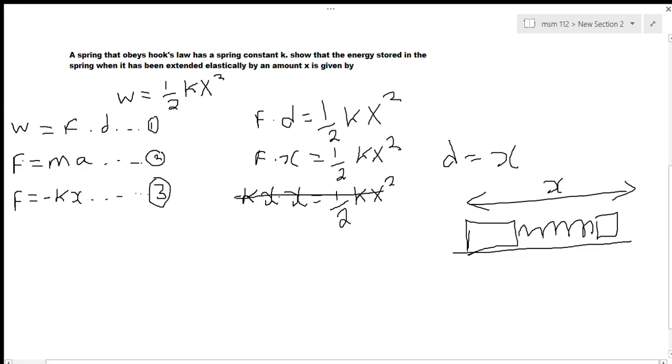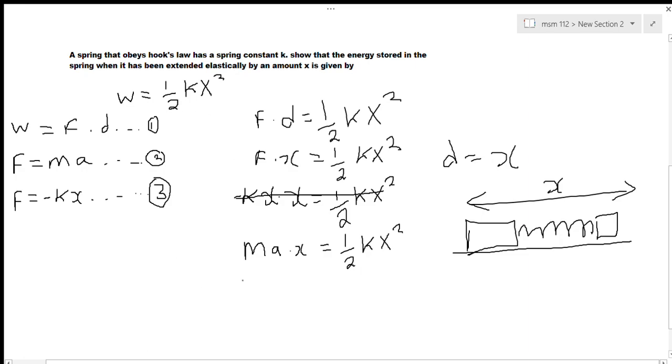We substitute where there is force, we put ma. So this will be ma times x is equal to half kx squared. So half kx squared is equal to work.